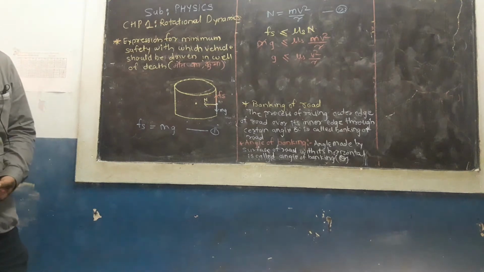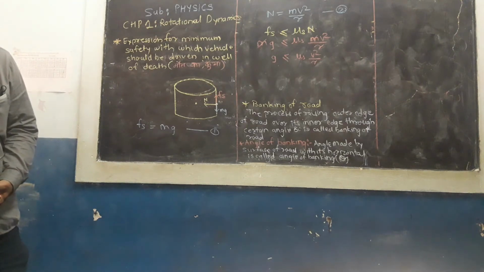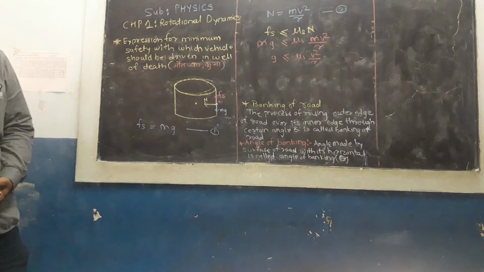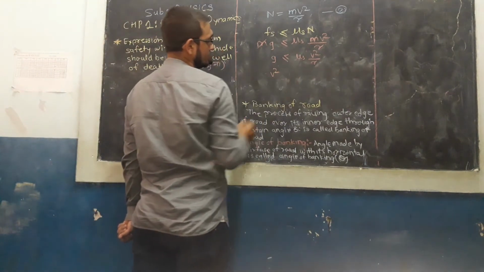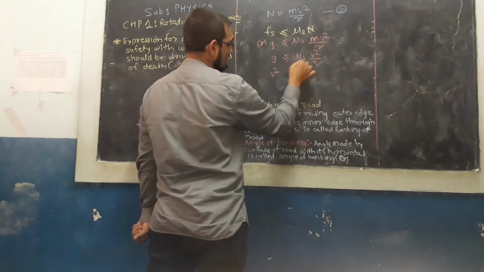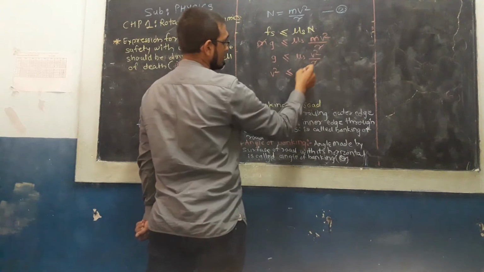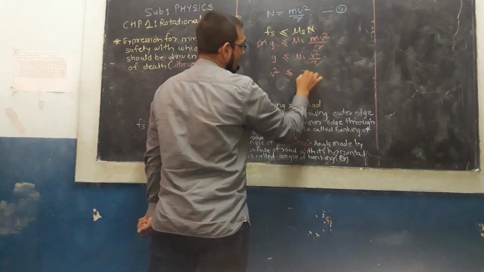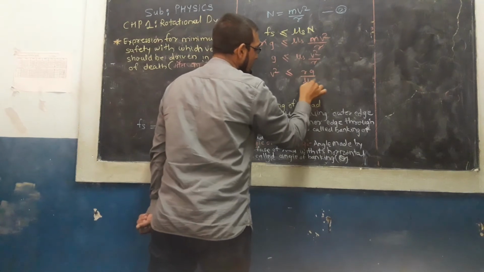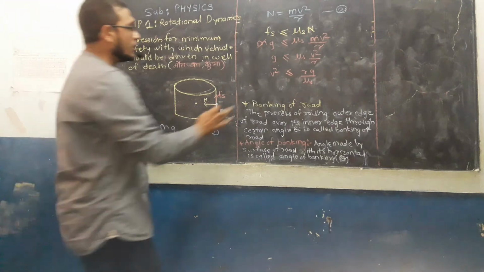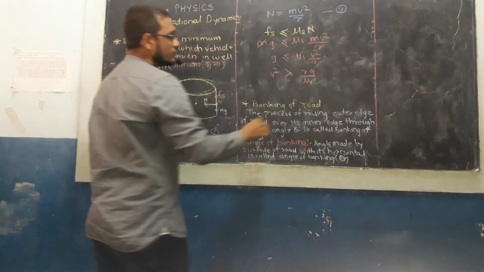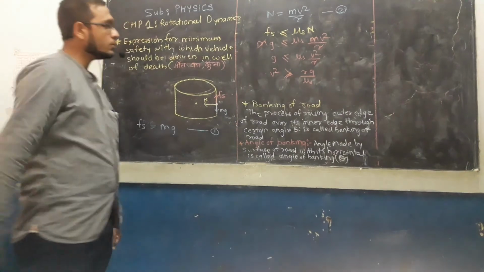So from this what we get? V square is greater than equal to rg upon mu s.